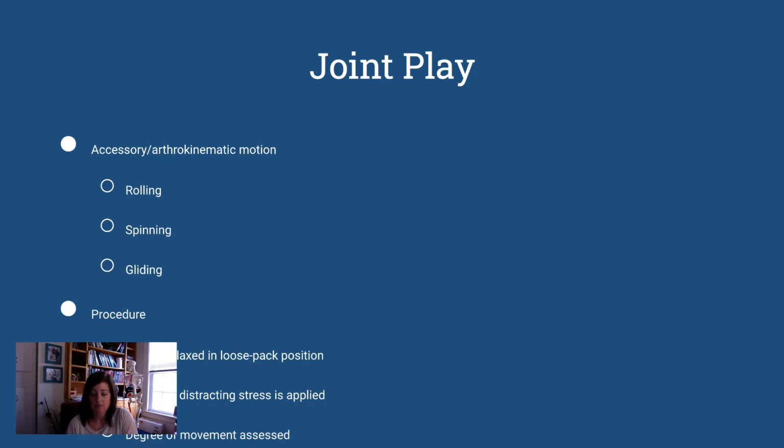We're going to have the patient relax and place them in loose pack position for that particular joint. Then you're going to want to do some joint movements in your different planes of motion based on where you felt that they were limited, either during active or passive range of motion.